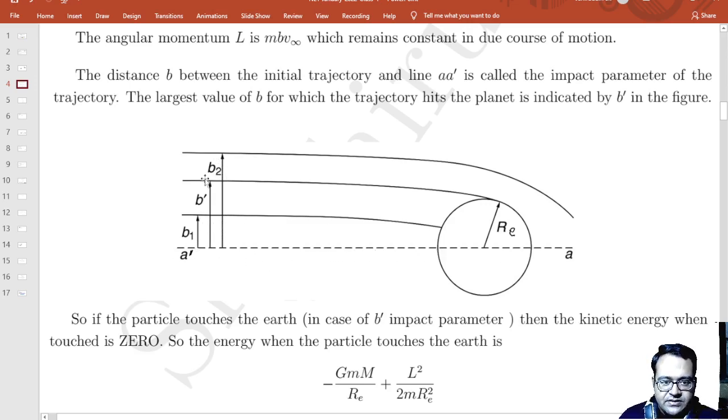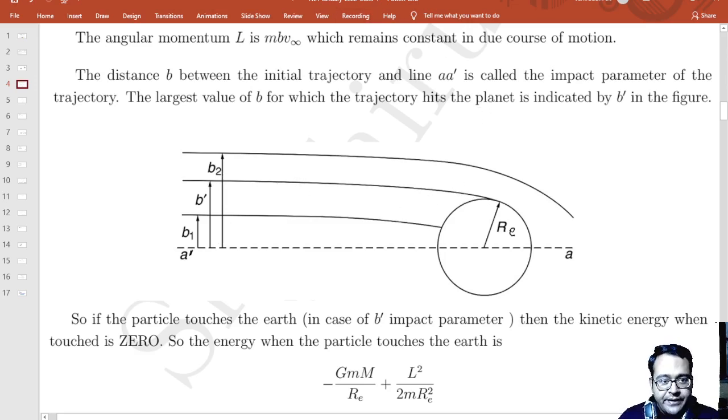But as it has larger and larger impact parameter, meaning its initial velocity is directed from a larger angle away, its probability of hitting the Earth decreases. So there will be a critical impact parameter for which it will just hit the Earth. Above that it will miss the Earth, so it is just touching the Earth.